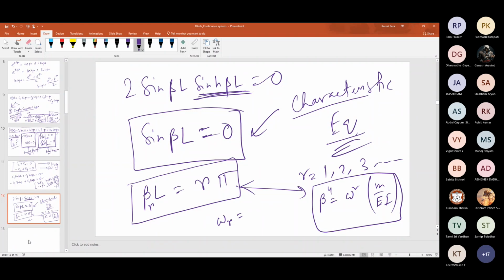So what is omega r equal to? r pi by L. Yes, sir, r pi by L into root over EI by m. So everybody getting this?